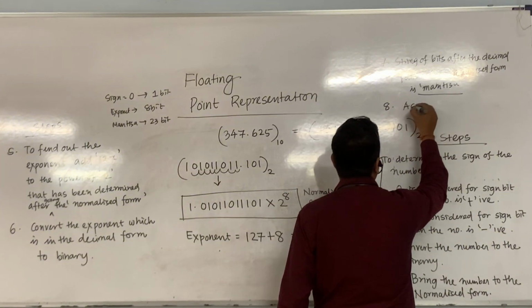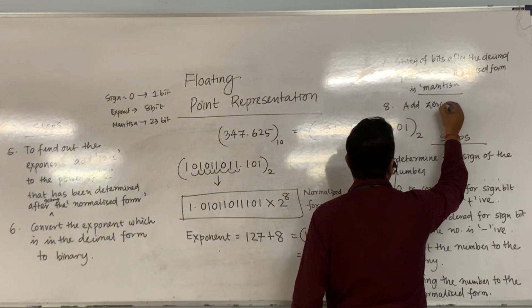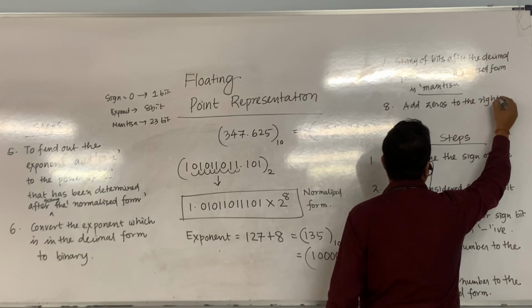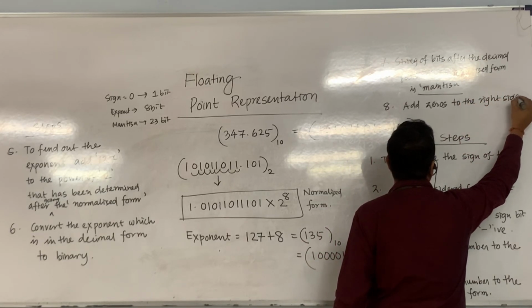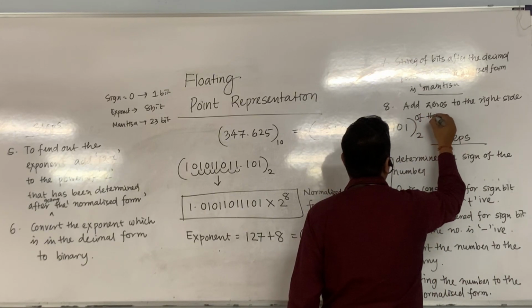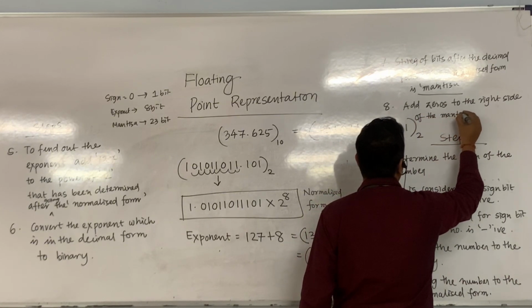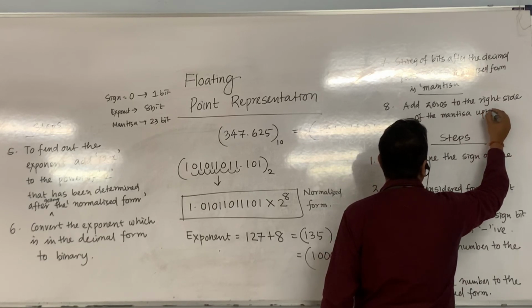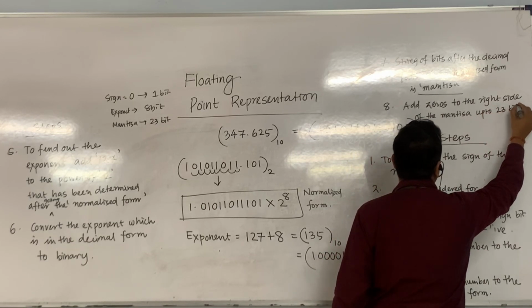So add zeros to the right side of the mantissa up to 23 bits.